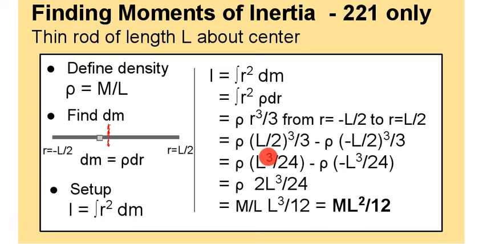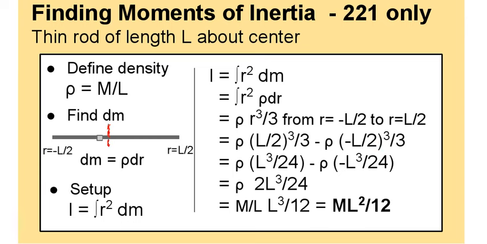Cubing L would give me L cubed. Cubing 2 would give me an 8. That'll be on the bottom. I've also got a 3 on the bottom, so 8 times 3 would be 24. Subtracting the lower limit. The rho's out front. I've got an L, which gets cubed. That's actually a negative L, which gets cubed. So negative L times negative L times negative L would be negative L cubed. On the bottom, I've got a 2, which gets cubed.